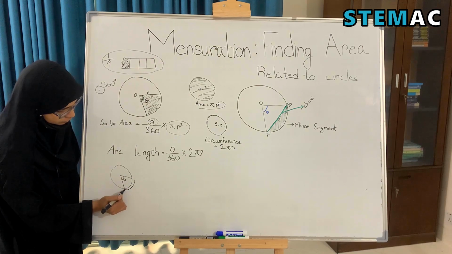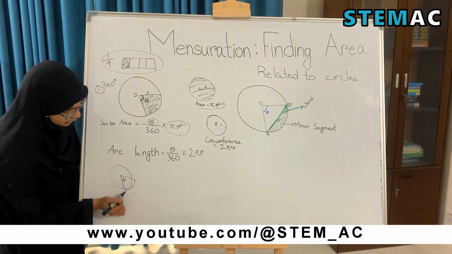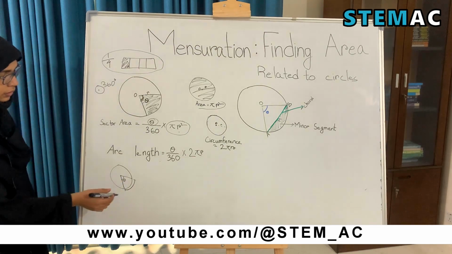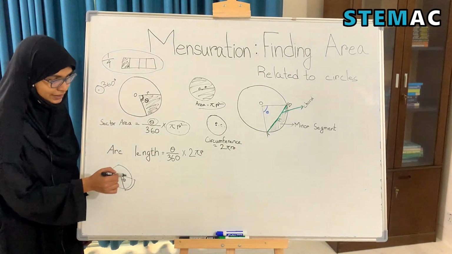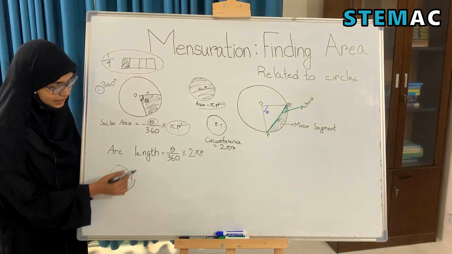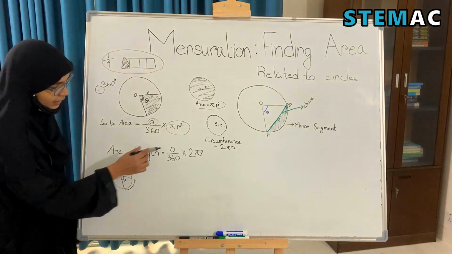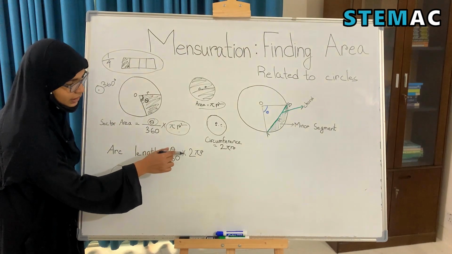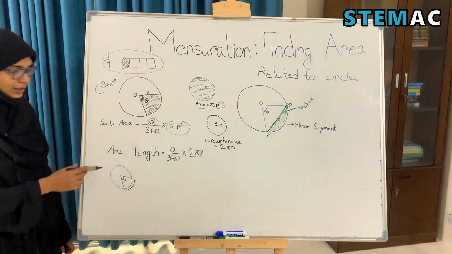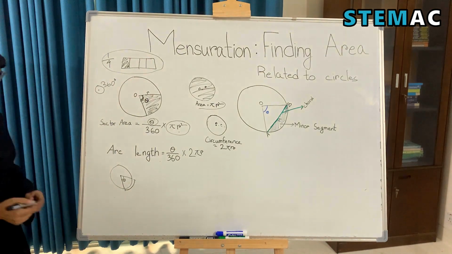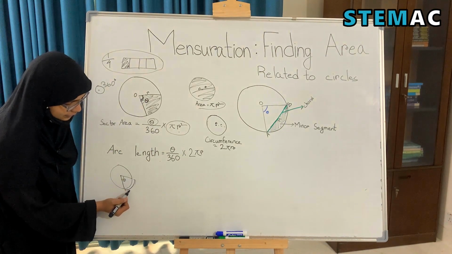This is the arc length, a part of the circumference. That's why we write theta divided by 360 into 2 pi r. That's the formula for arc length, only this length.